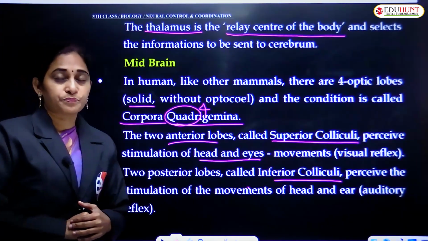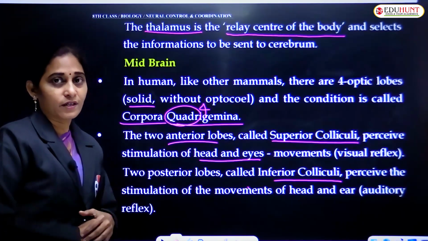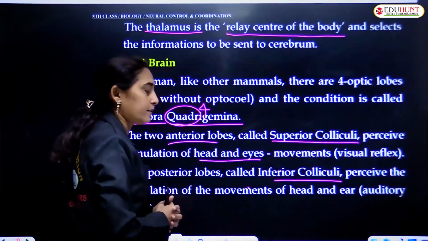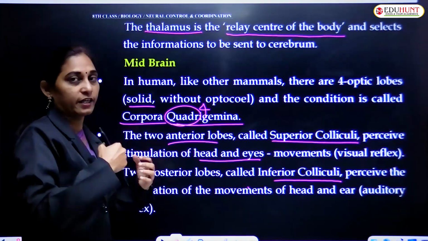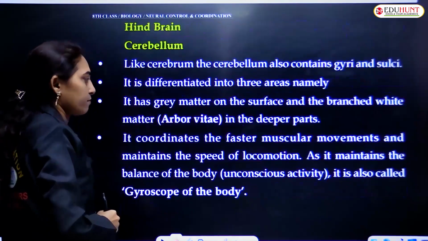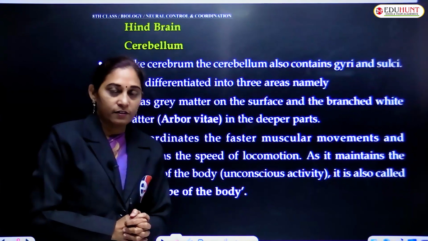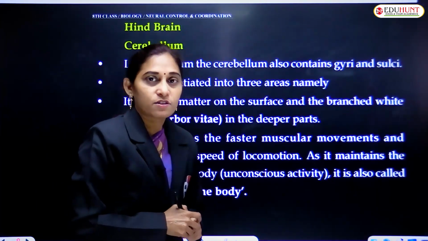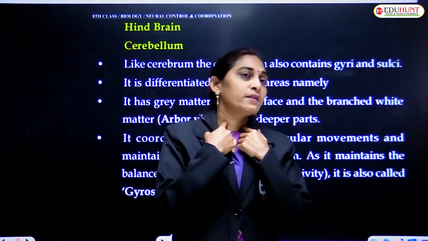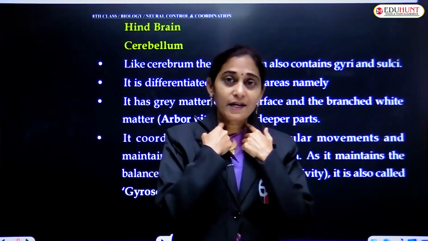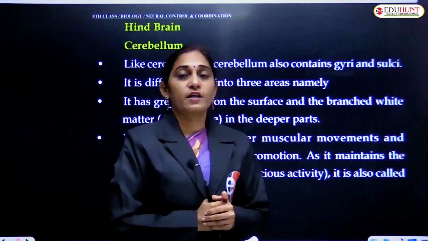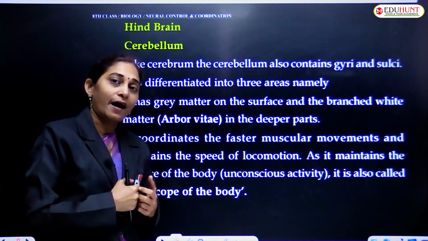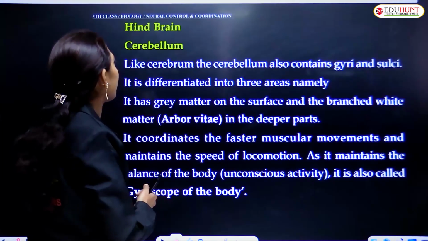And the 2 posterior lobes, the inferior colliculi, perceive stimulation of the movement of head and ear, that is, auditory reflexes, hearing reflexes.